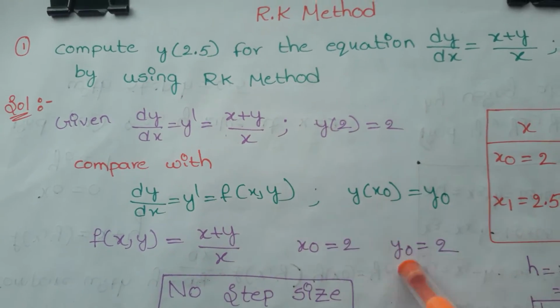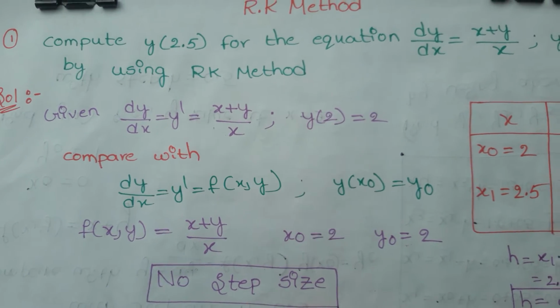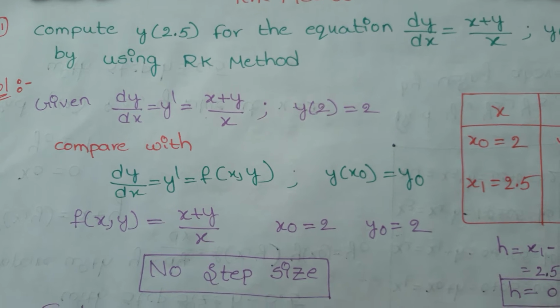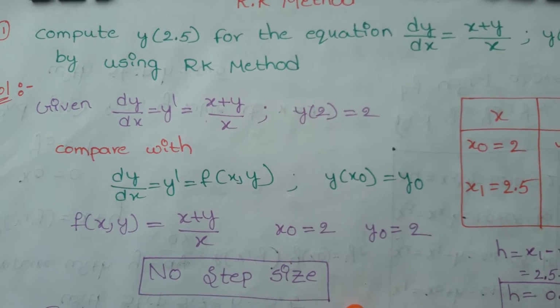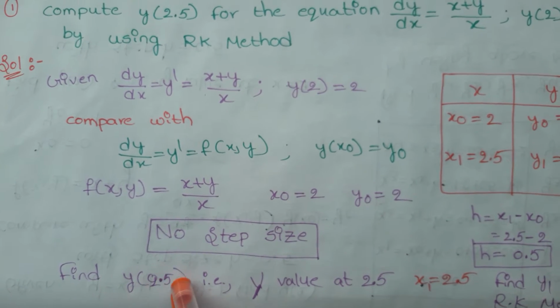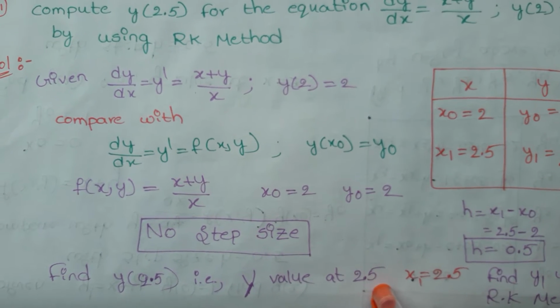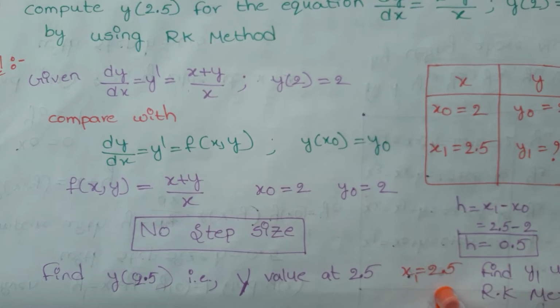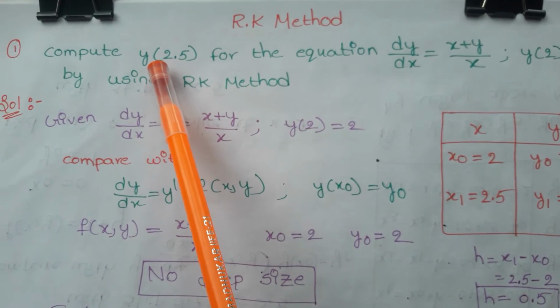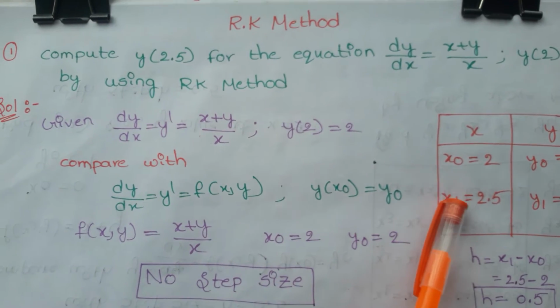Here they didn't mention any step size, so that means no restriction. In the previous video I explained about step size with restriction and no step size, without restriction. So find y of 2.5, that is the y value at 2.5. x1 is equal to 2.5. Since they didn't mention step size, the value given in the question directly becomes x1.